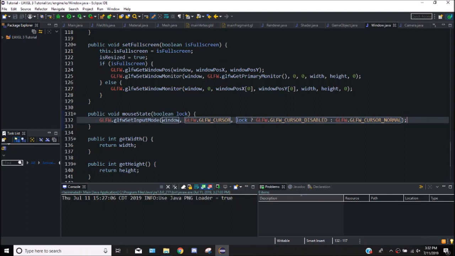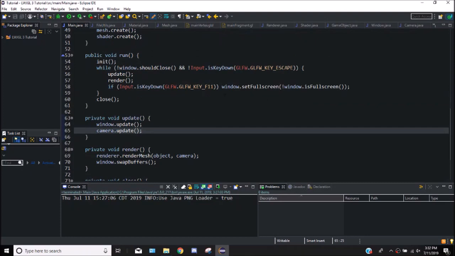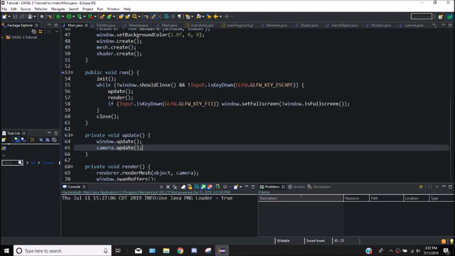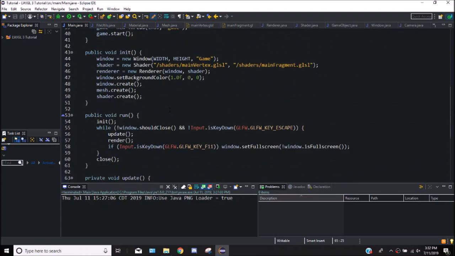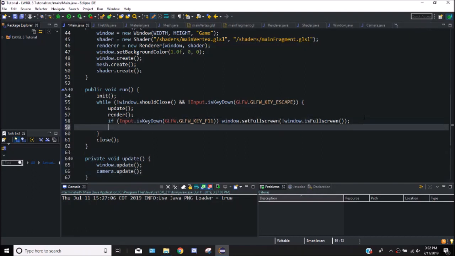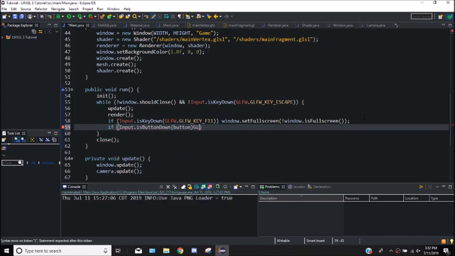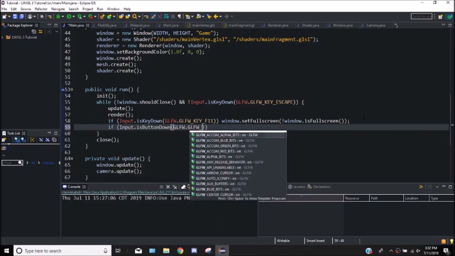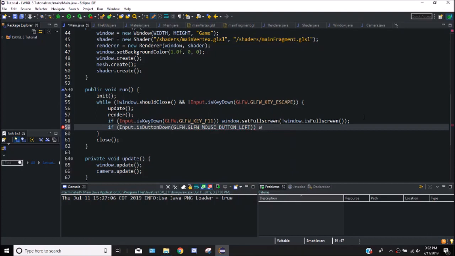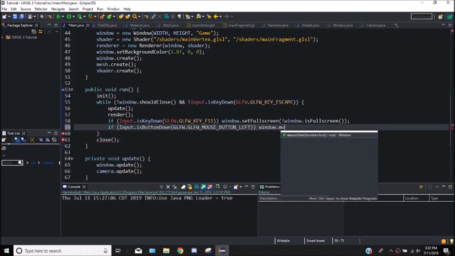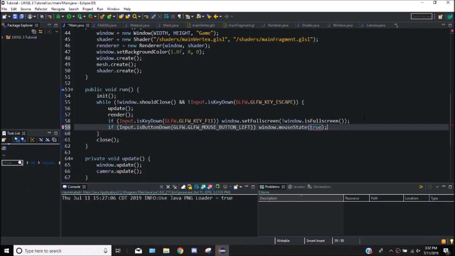With this mouse state method, we can call it in here, and we can say if clicked, go into it. So if input dot is button down, and then the left button, glfw mouse button left, then we can just say window dot mouse state true.